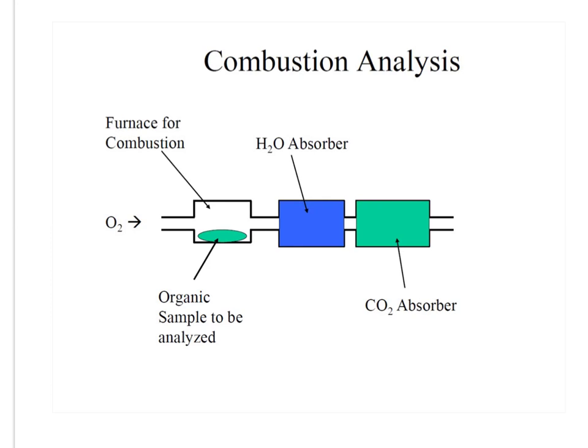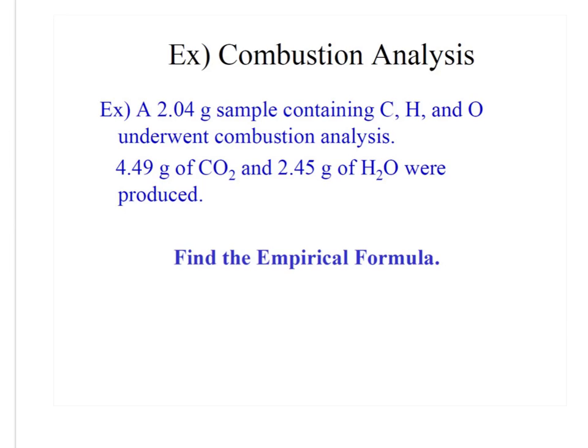The increase in mass of both absorbers is then found. This will allow you to determine how much water and carbon dioxide you have gained. Oxygen is the only element that is added to the system during the combustion reaction, as combustion takes place in excess oxygen, right?